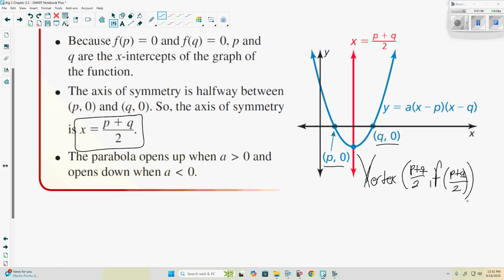And just like what we did yesterday with standard form, negative b over 2a, comma f of negative b over 2a, we find out what that value is, plug it back into the function.